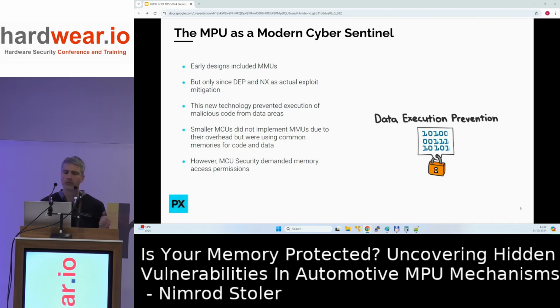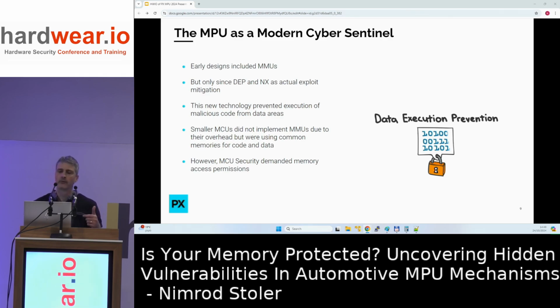Smaller microcontrollers, however, did not require the virtual memory mapping overhead of the MMU, and therefore they did not include MMUs. But one shortcoming of microcontroller architecture was the use of commonly shared memories for operating system, user software, and data.